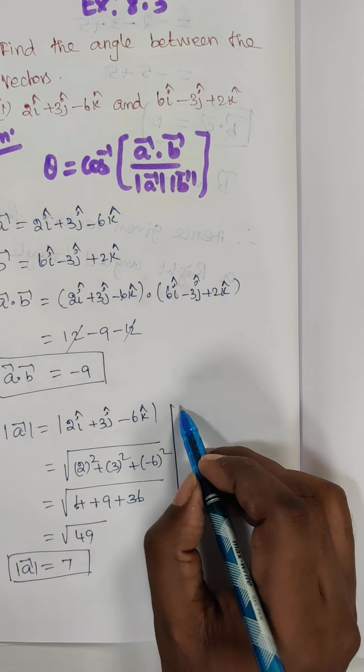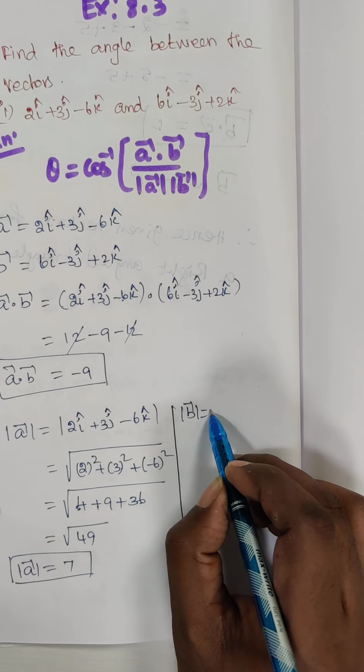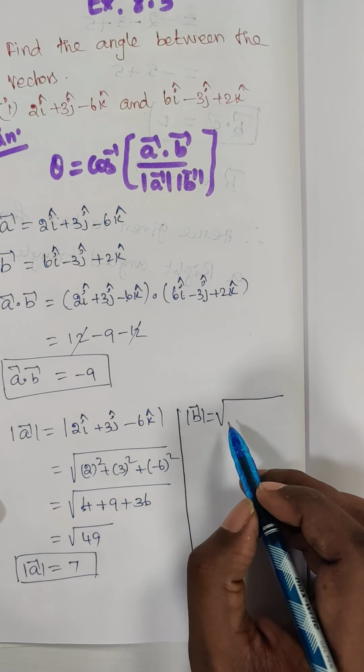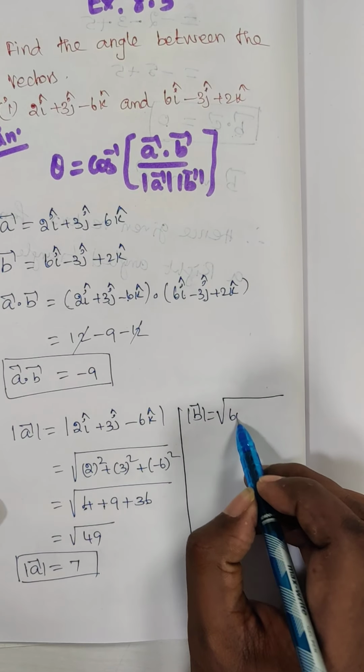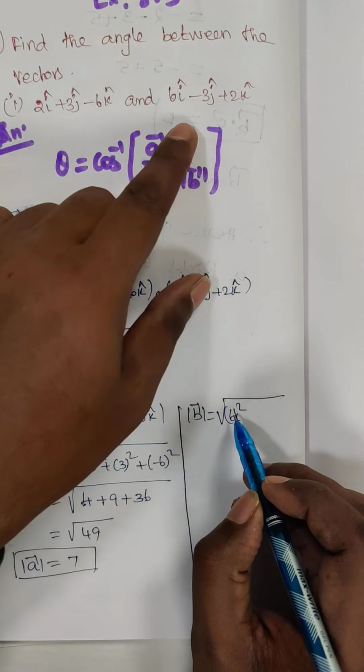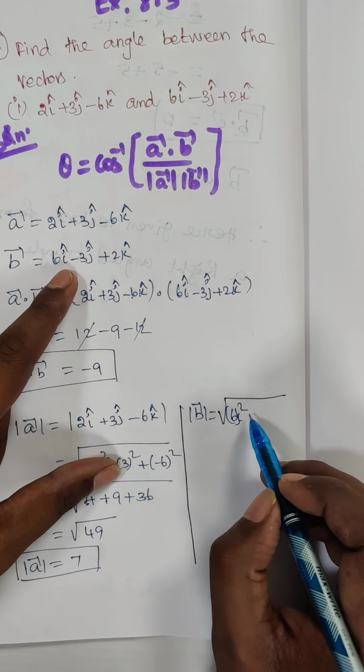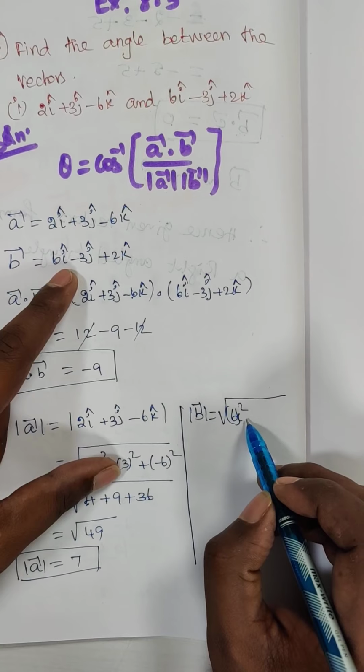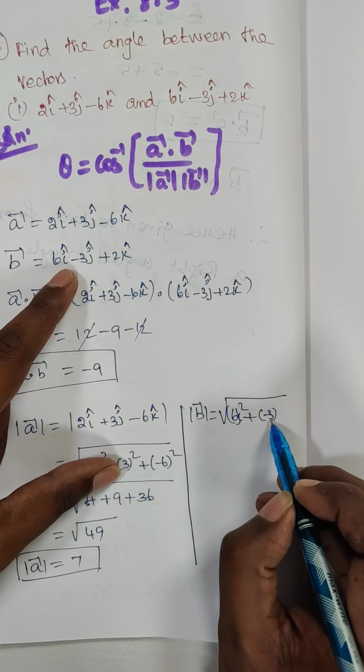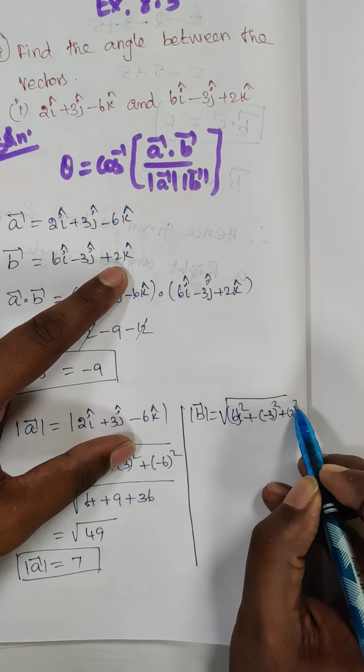Next we have to find modulus of b vector. So modulus of b vector is equal to square root of 6 square plus minus 3 square plus 2 square.